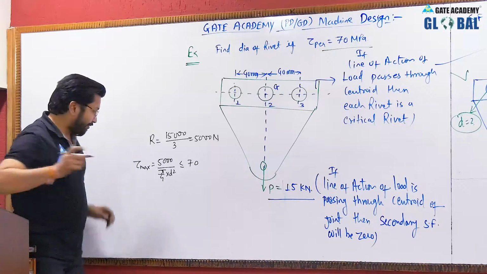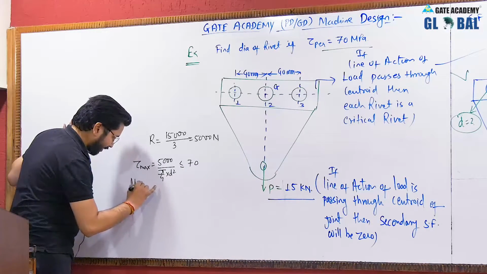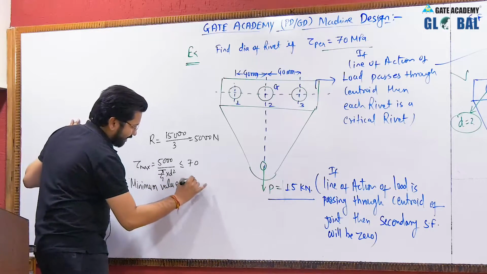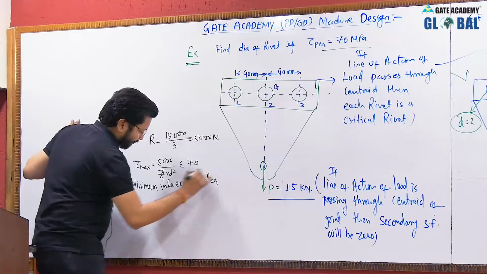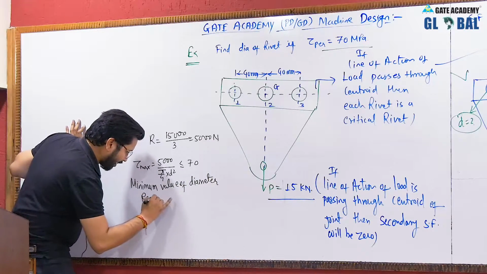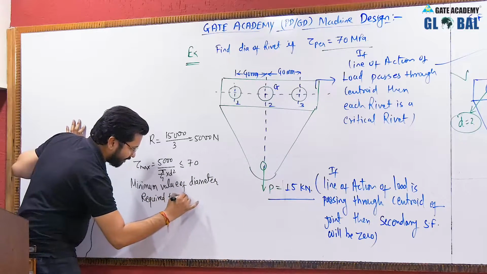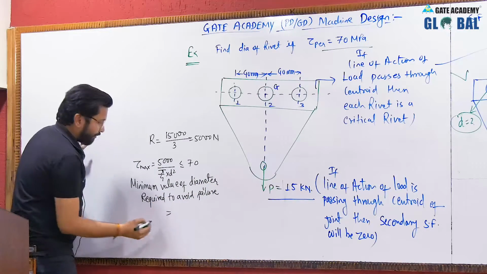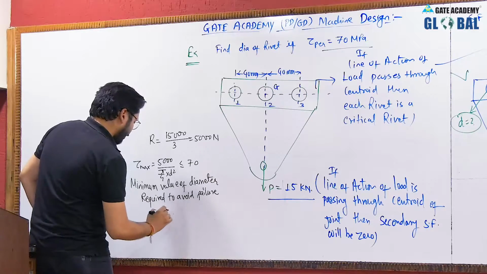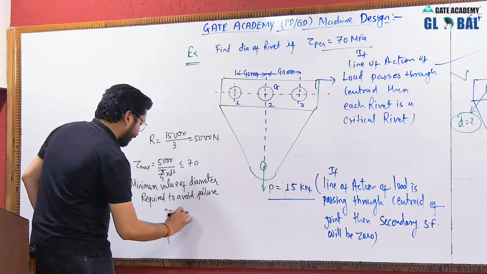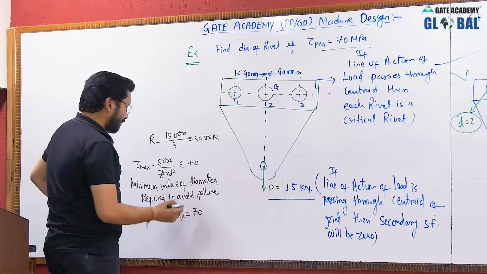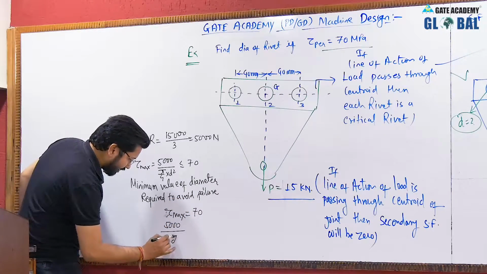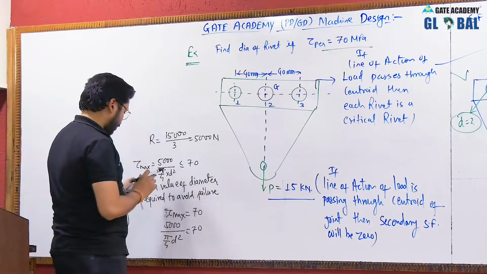The minimum value of diameter required to avoid failure will be obtained when tau max is equal to 70, that is the limiting case. So 5,000 by pi by 4 d square is equal to 70. Solve this equation.